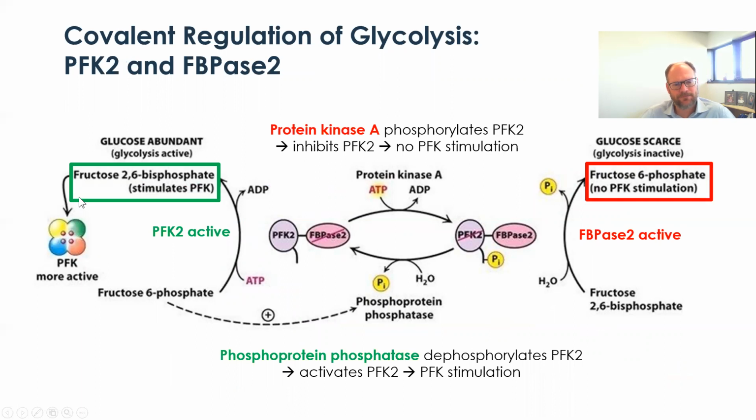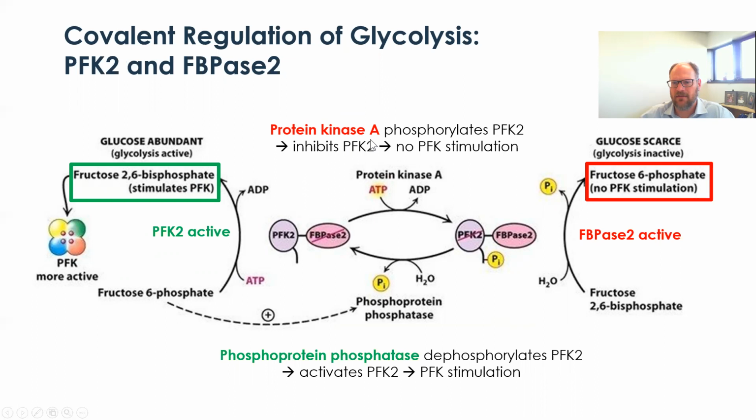So this really potent activator, fructose 2,6-bisphosphate, that we were just talking about, is synthesized by this bifunctional enzyme. As it turns out, the synthesis of this important potent activator of glycolysis is ultimately regulated through this reciprocal kinase-phosphatase interaction.